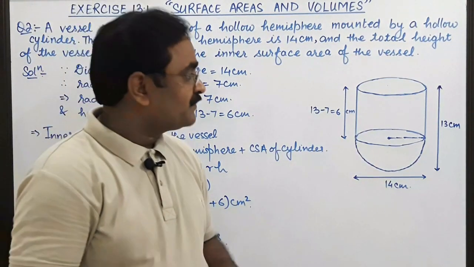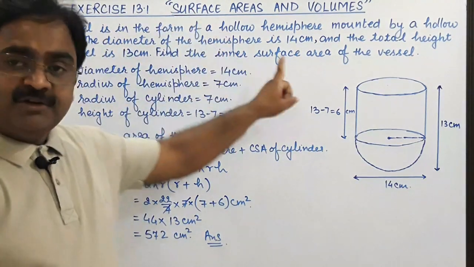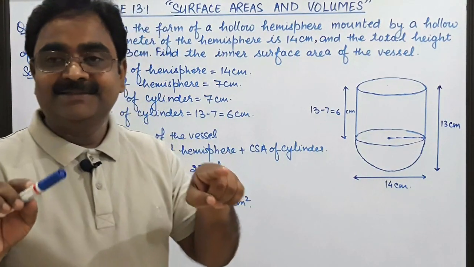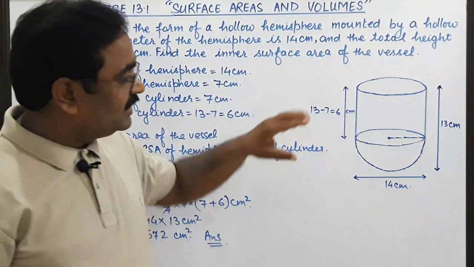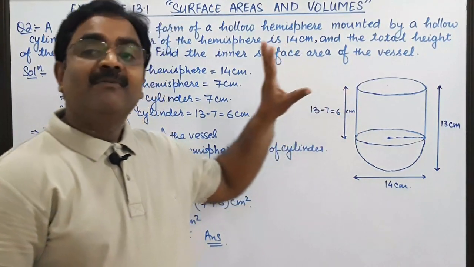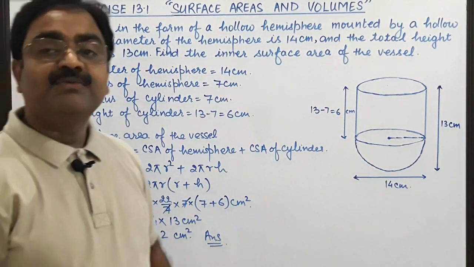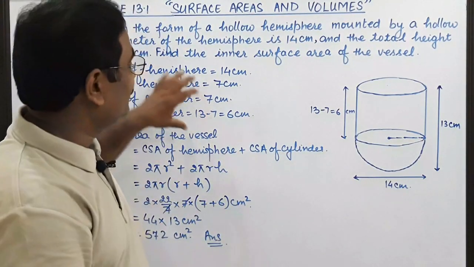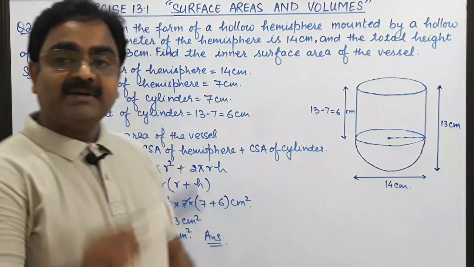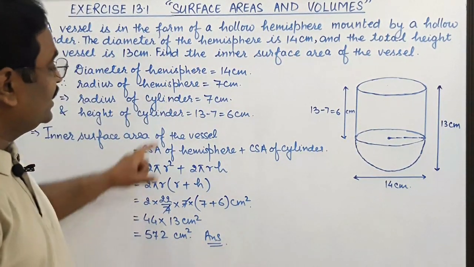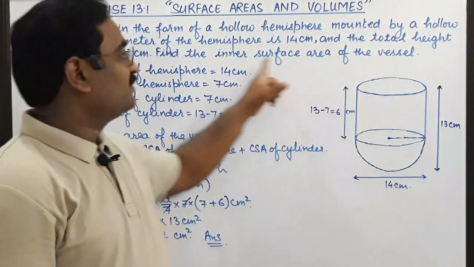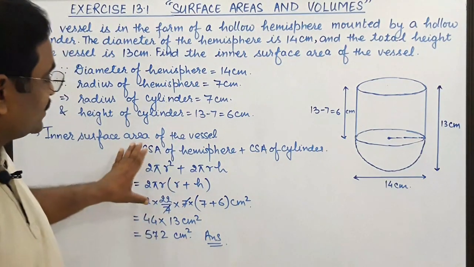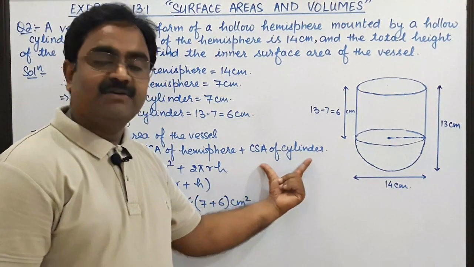So dear friends, after understanding the meaning of the question, first you draw the figure which is made in your mind. After drawing the figure, write down each and every piece of information which is given and what we have to find. After writing the information, then you need to find the required answer, and here we have to find the inner surface area of the vessel, which is CSA of hemisphere plus CSA of cylinder.